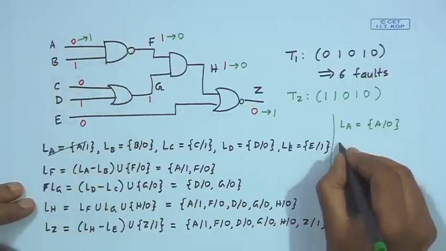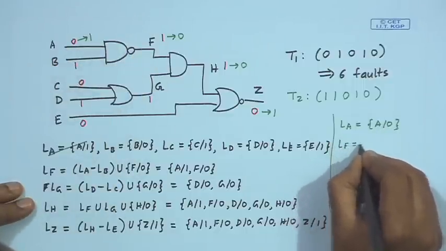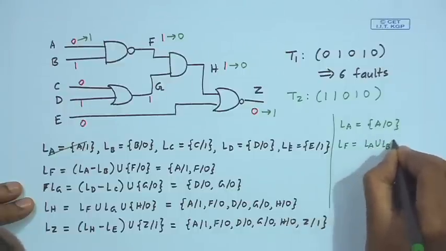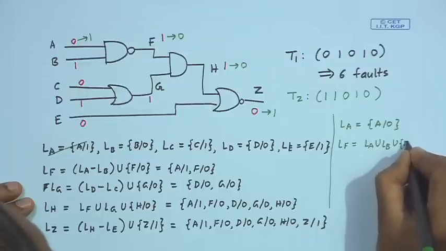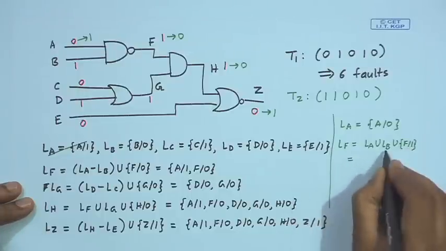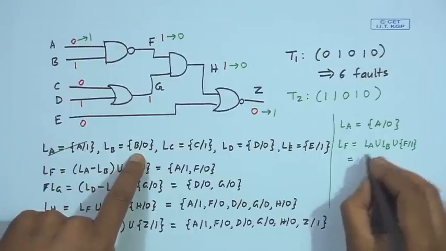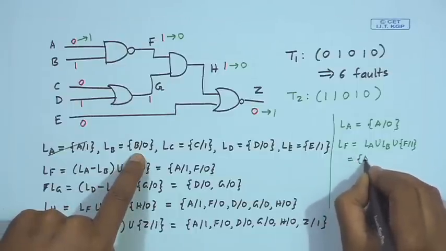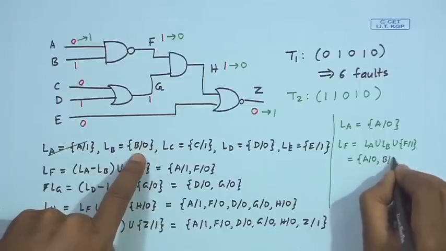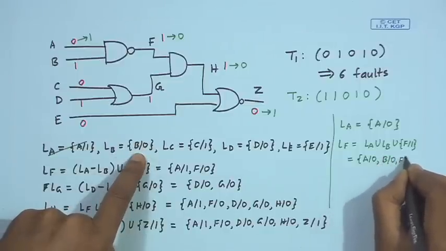So, F has to be recomputed. So, LF will be LA union LB union F stuck at 1. You see, LB you take the old value, the previous value. So, LA is now A stuck at 0, LB you take the last previous value, and F stuck at 1.